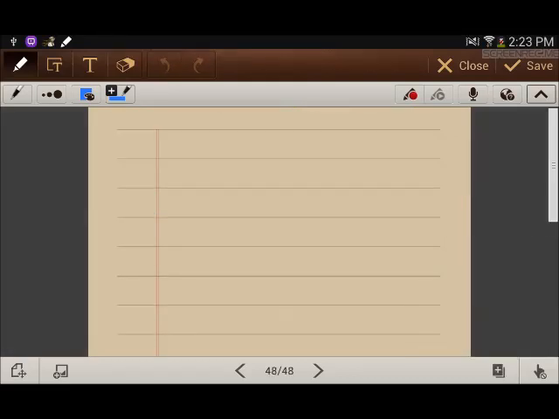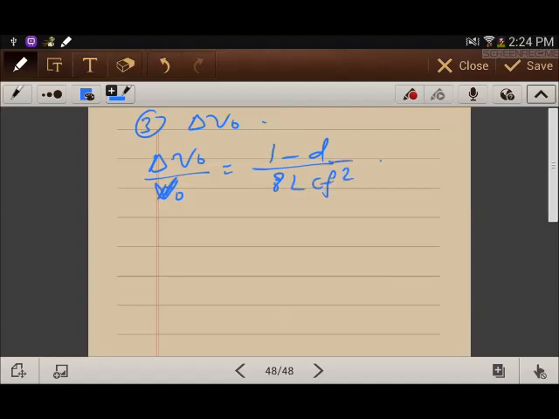Now for the third point, we want to find delta V out. So we know that delta V out over V out will equal 1 minus D over 8 LC multiplied by F squared.